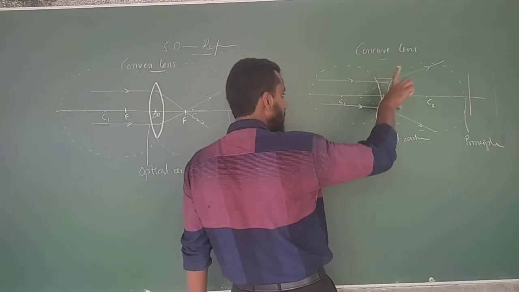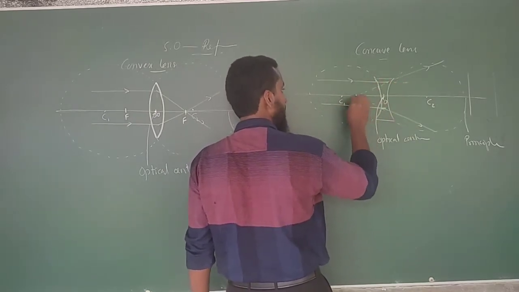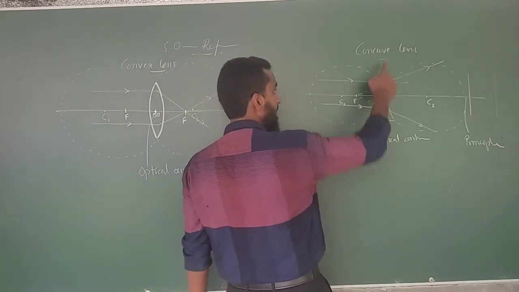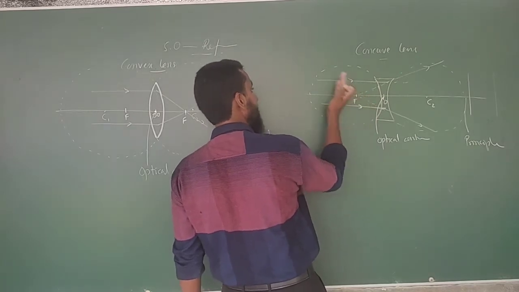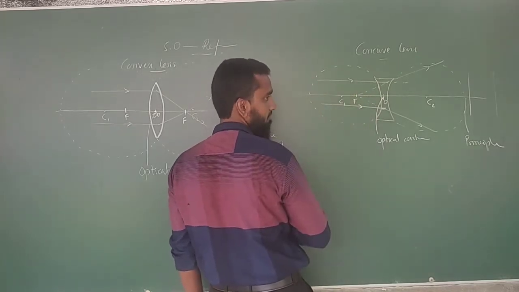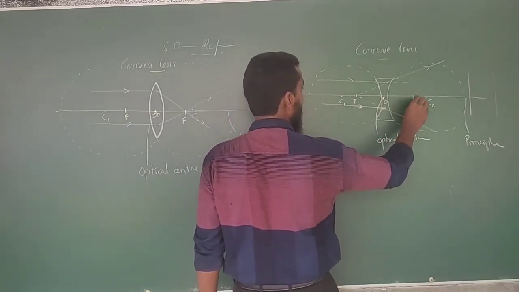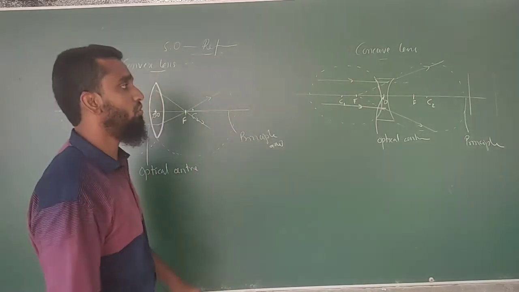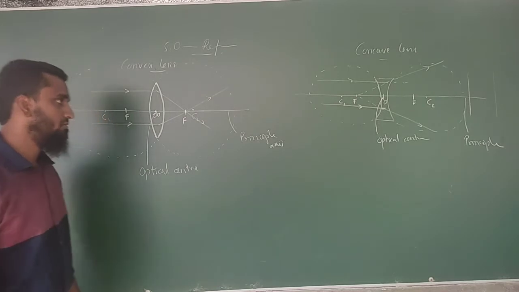That point is known as the primary focus. For the concave lens, the primary focus is on the same side as the object. Then the focus on the next side is the secondary focus. You should know which is the primary focus and which is the secondary focus.